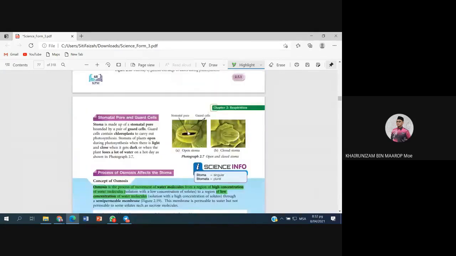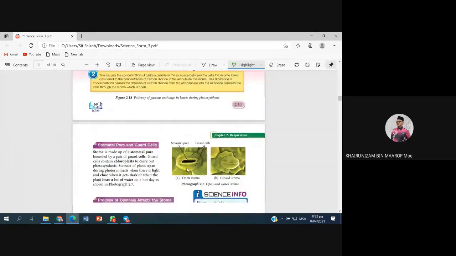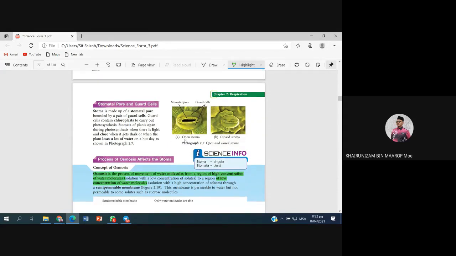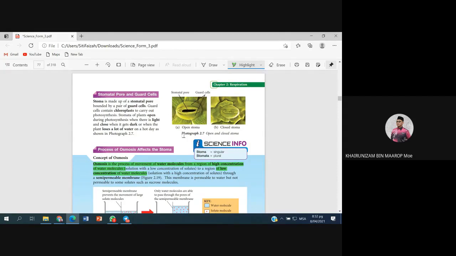So maksudnya di sini bila berlaku kepekatan, concentration is the kepekatan air di dalam gut cell ini, bila berlaku proses osmosis.